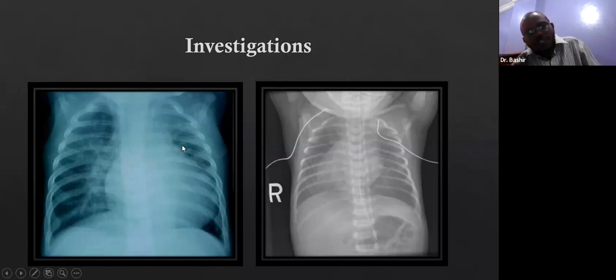And you have to look at the lungs. Are they oligemic or plethoric? This one is plethoric. How do you know it is plethoric? See, this is the descending pulmonary branch, the right pulmonary branch. If you compare it with the trachea, it is congested. So this child has cardiomegaly and congested lungs. This one has dextrocardia.